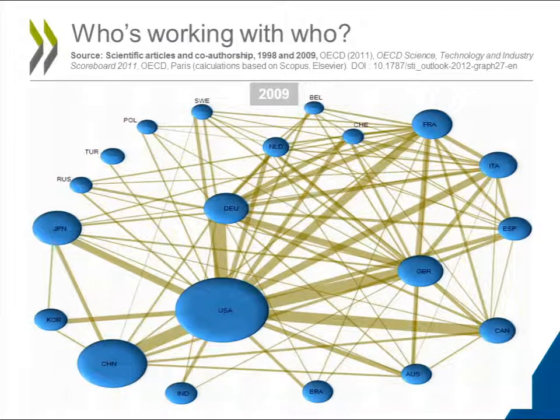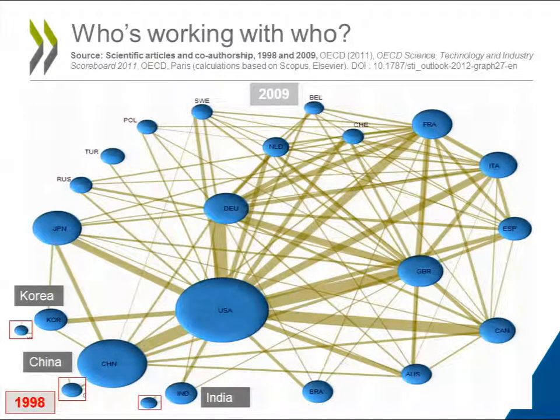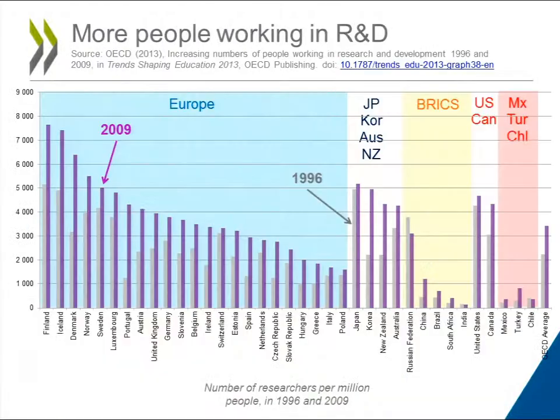This data is newer, but you can see China very big on this chart, particularly when you compare what the numbers were like in 1998. You can see the huge growth there for China, but also for Korea and India. I haven't got the full chart from 1998, but all of the bands are thicker in 2009. So basically, the research is becoming more international. It's becoming less national, but that's interesting. I've got the DOIs for all of these slides, so you can go and look them up in your own time.